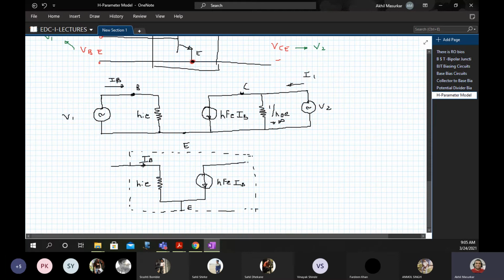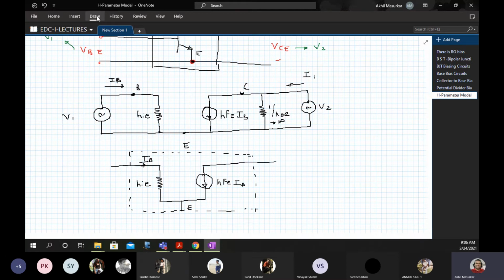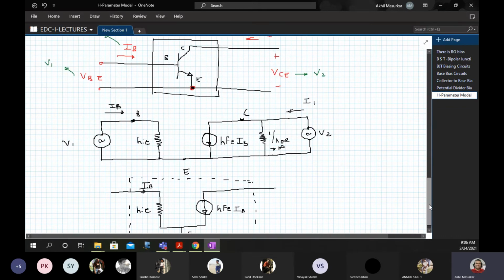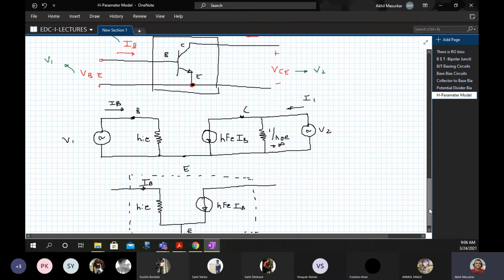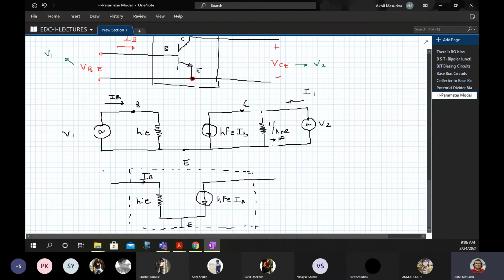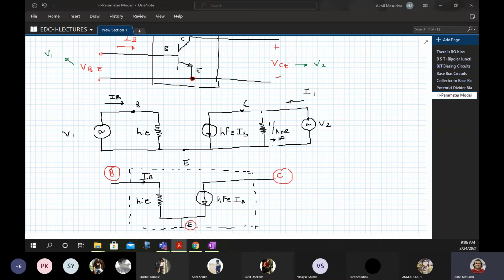So the BJT is in a black box. Please draw this. This is base, emitter, and here this is your collector. And once we get this AC model, what are we actually going to get?